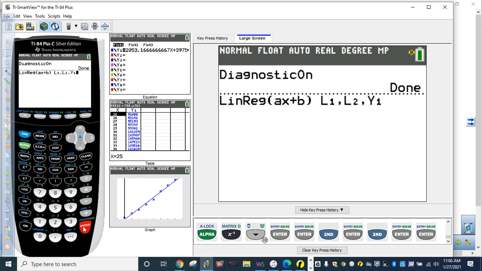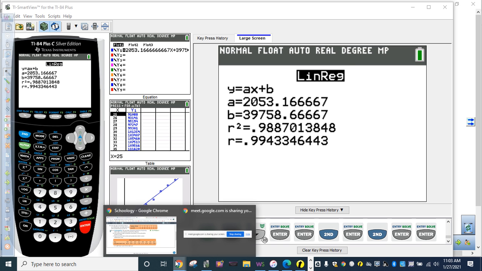Bam. So it still has that weird Z thing in there. Do you know how to fix it? Go second, number 2. And then if you go back there and do that, now enter should work.